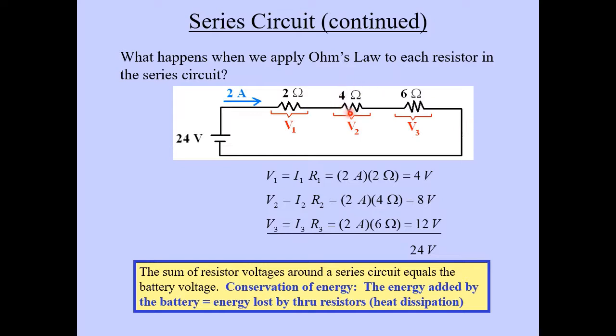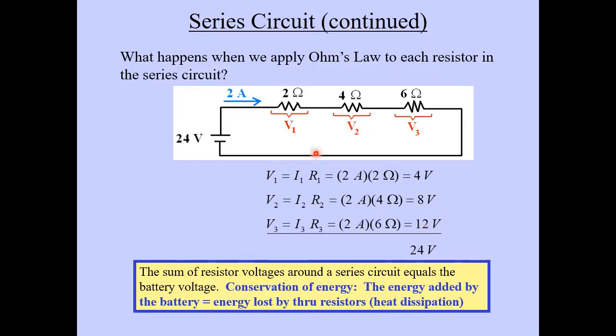So this resistor has twice as many volts across it as this one because it has twice the resistance. And finally, for V3, V3 equals I3 R3. I3, again, is 2 amps because the same current flows through all of these. And R3 is 6 ohms, so 2 times 6 is 12 volts.